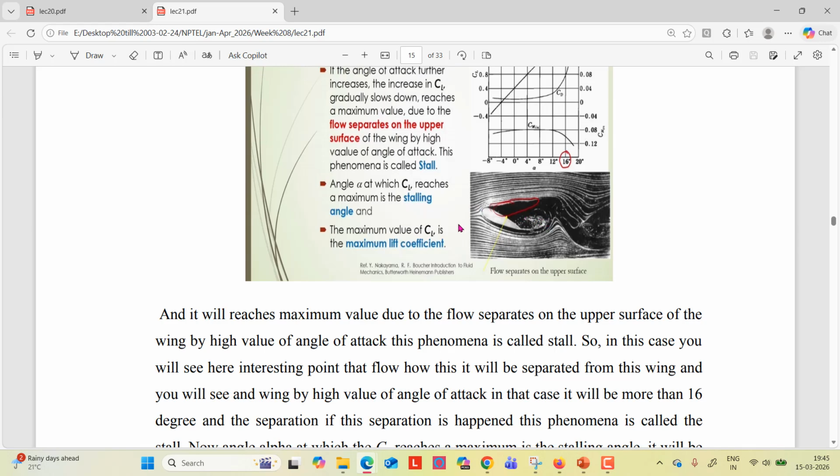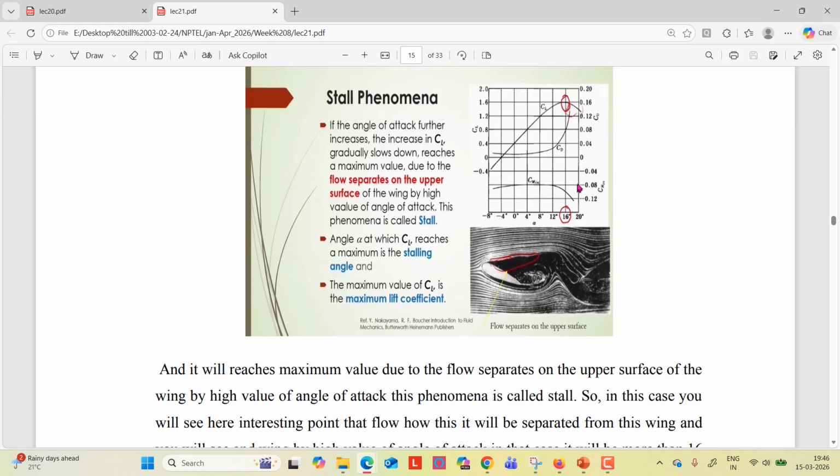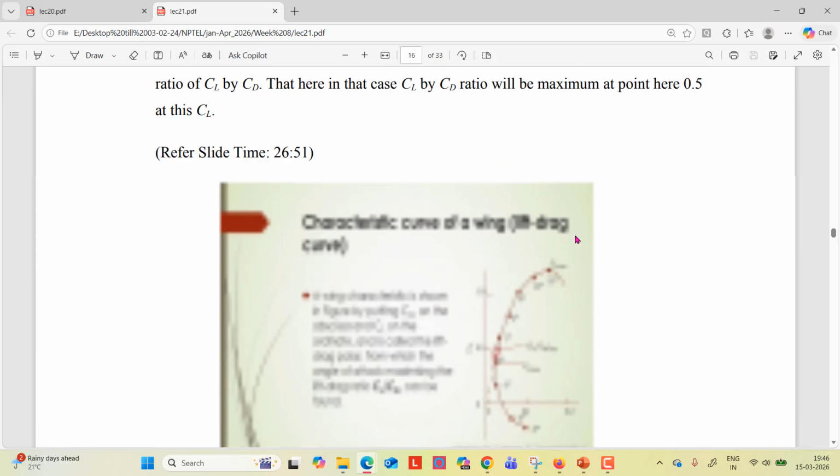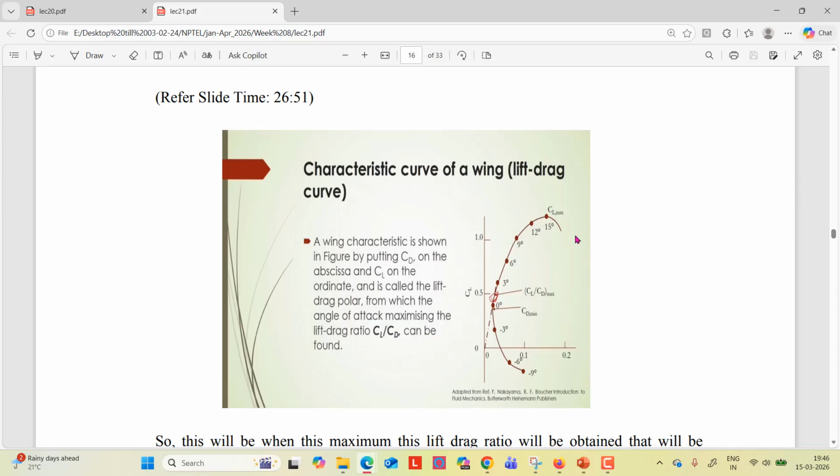The flow separation happens, which means the lift coefficient starts decreasing again, right? The angle alpha at which CL reaches the maximum is the stalling angle, and the maximum value of CL is the maximum lift coefficient. It is very easy to understand if you think of the real scenario in your head.